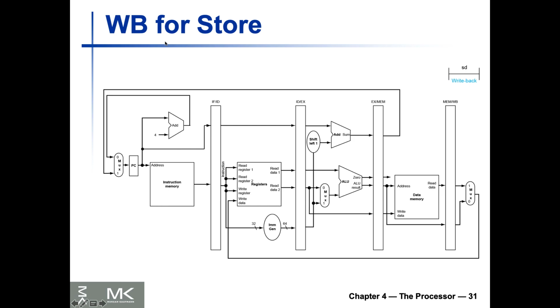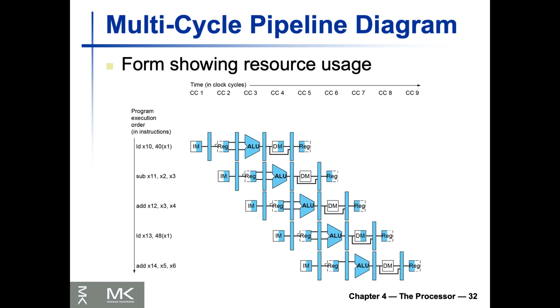We can put all of them together instead of putting it stage by stage in one multi-cycle pipeline and showing that for load we have to do this. So it was a load x10, the address of 40x1. You do these 5 stages, each at one cycle, cycle 1, 2, 3, 4, and 5, and then you have another. So this was one way to showcase this.